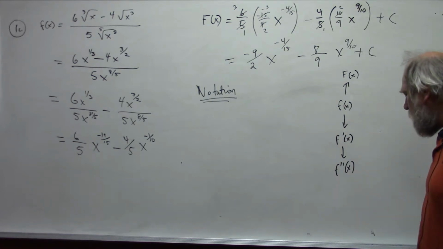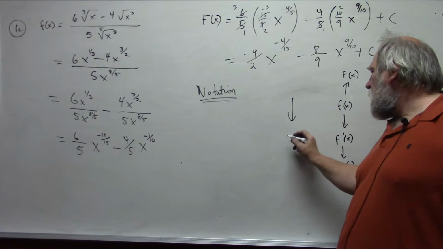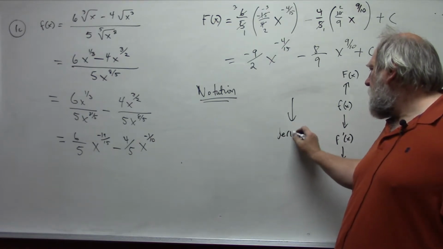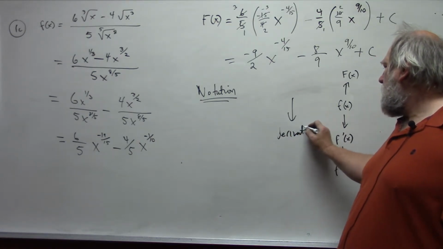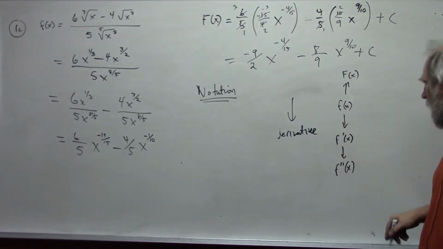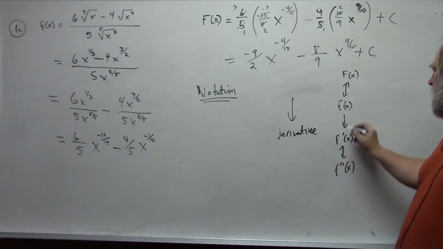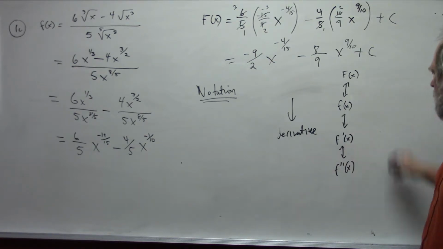Well, let's in general say that anytime I go this direction, we're talking about a derivative. So think of this as a ladder, and when I go this way down the ladder, we're talking about the derivative. When I go up the ladder, I'm talking about the antiderivative.